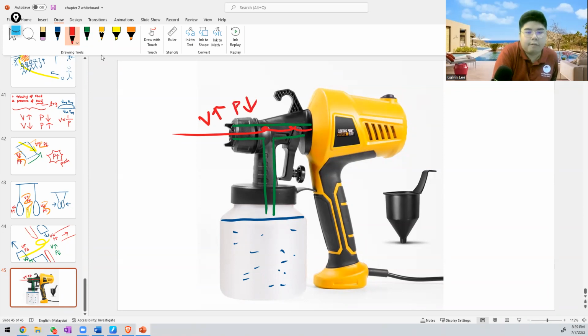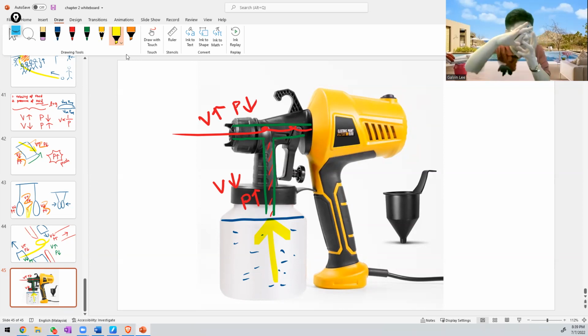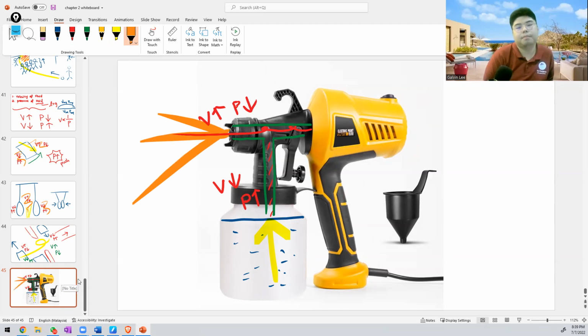And on the bottom of the chamber, you have low velocity, and the pressure here will be high. So it will push the liquid up the chamber, and then when it mixes with the air, it is going to get sprayed outwards.